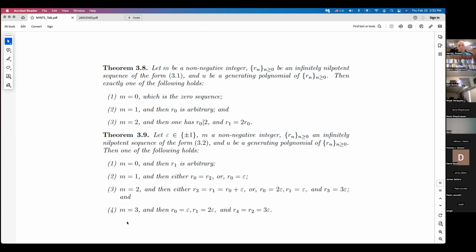But the idea is basically that instead of looking at U, you had to check the second iteration of U in order to trap these zeros. And basically, it's more or less a corollary of 3.8.